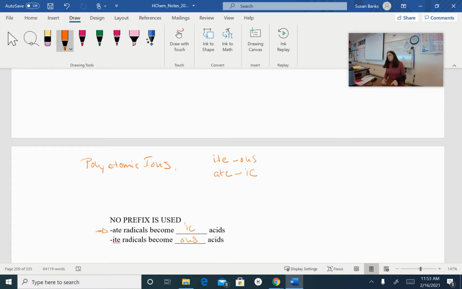So let's give you a couple of examples here. If I had H3PO3, I would have to look and see what PO3 is. And if I look at PO3, it is phosphite.